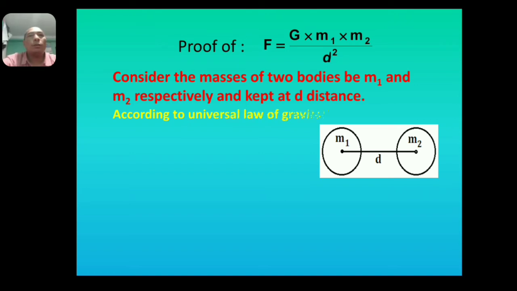According to universal law of gravitation, F is directly proportional to the product of M1 and M2, equation number 1. F is inversely proportional to the square of distance, equation number 2.